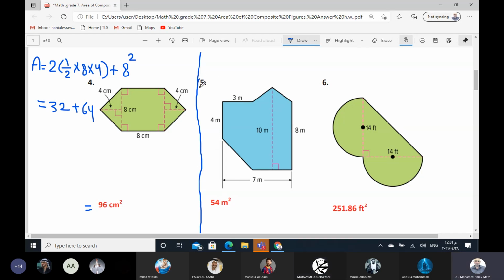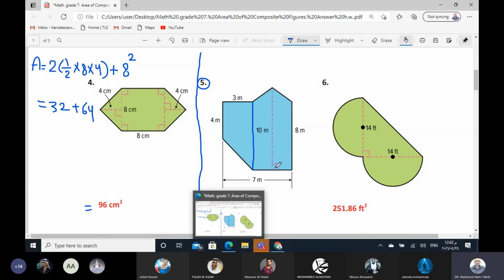Exercise number 5. Now we can draw the line from this point to this point.